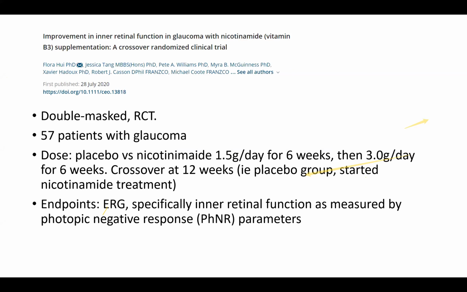In terms of the endpoints, the endpoints were ERG, specifically looking at the inner retinal function measured by photopic negative response and positive scotopic threshold, which are parameters of the ERG that are generated by the retinal ganglion cells.